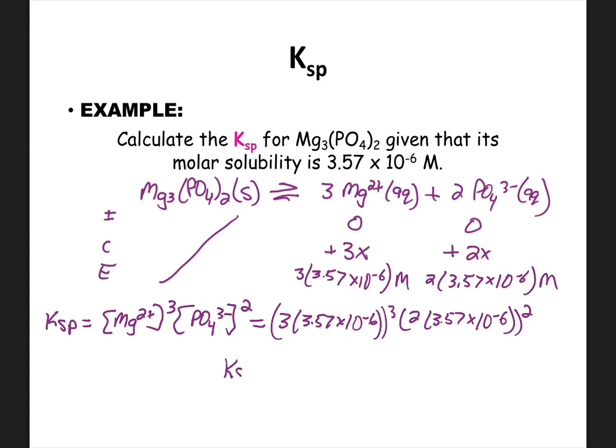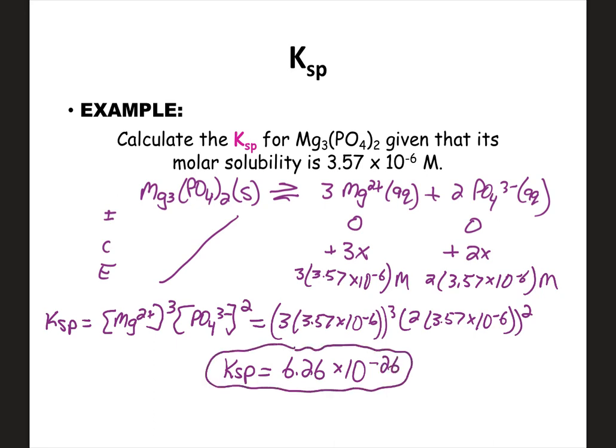But your Ksp with correct sig figs should come out to be 6.26 times 10 to the minus 26 here. All right, so that's a very low Ksp, and it indicates here that this magnesium phosphate is not very soluble at all.